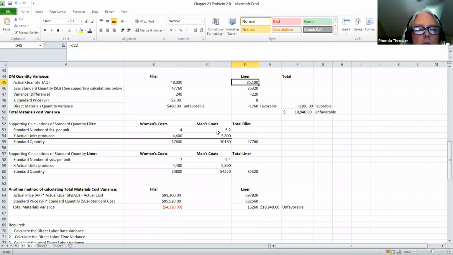There's a lot of calculations on here. So just make sure you understand the calculations. I think they're lined out pretty clearly on the Excel spreadsheet. But we should be looking at the supporting calculations for the quantity of the filler for the men's coats. Shouldn't be up here. So let me go back to the supporting calculations for the filler of the men's coats.